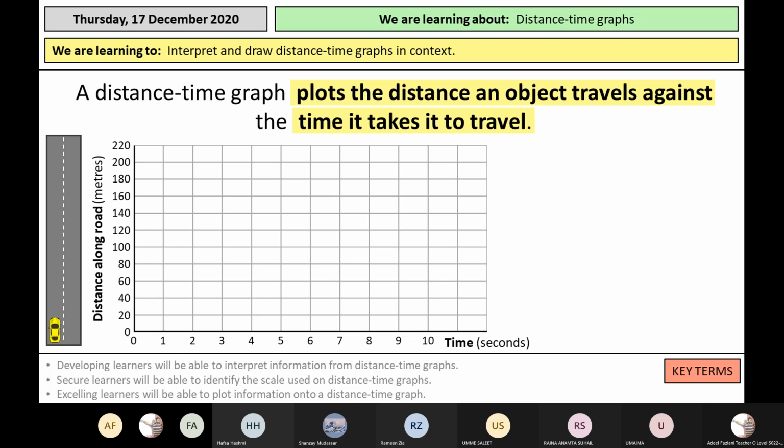All right. Tell me the units for time, other than seconds. I have already mentioned seconds. Is there any other unit that comes to your mind when it comes to time? Miss Salit, go ahead. Minutes. Ramin Zia is saying minutes.